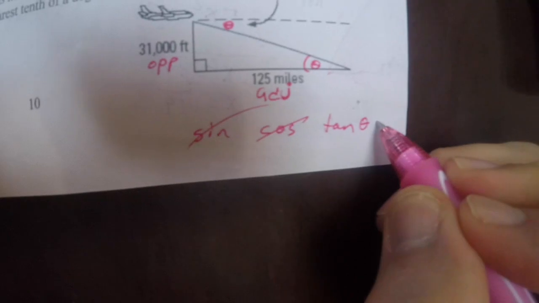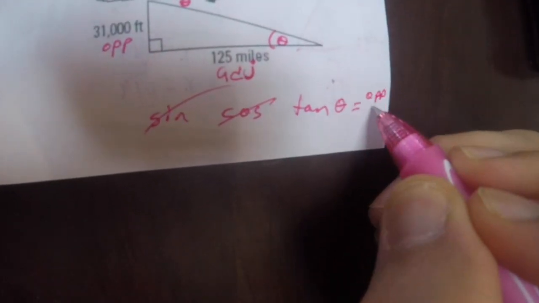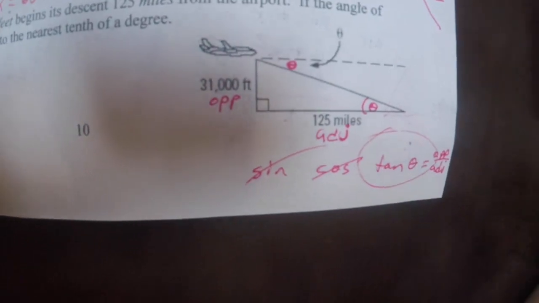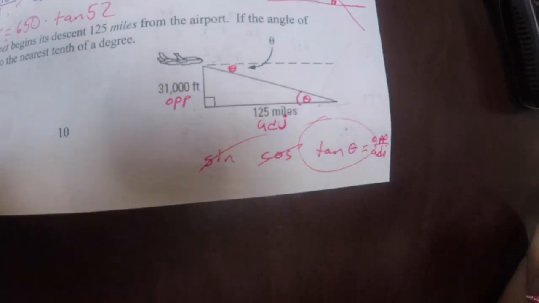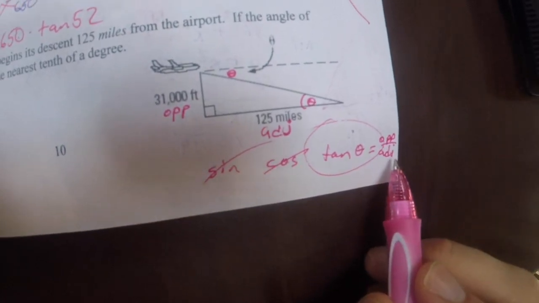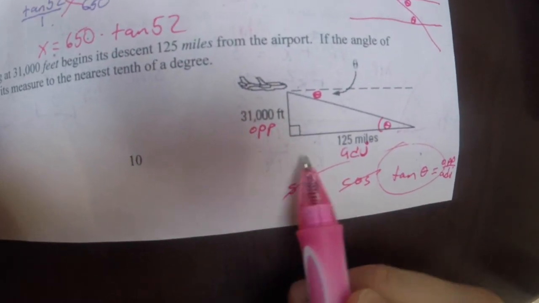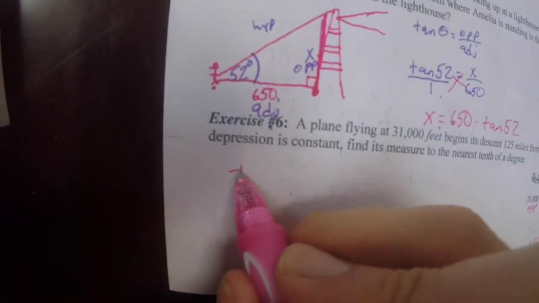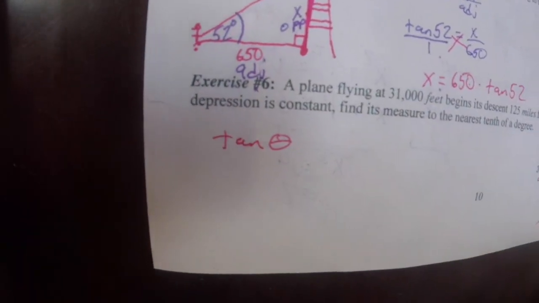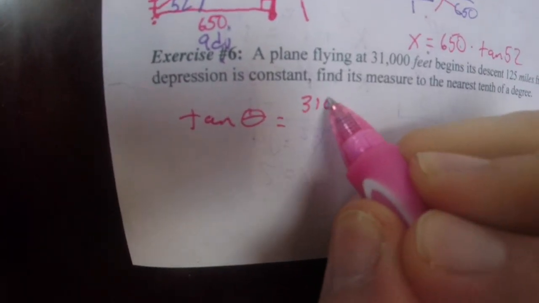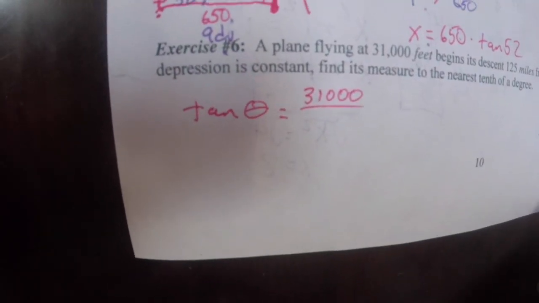And tangent is opposite over adjacent. I have an opposite, I have an adjacent, so I'm definitely going to use tangent. Tangent of the angle equals opposite over adjacent. Opposite is 31,000, adjacent is 125.